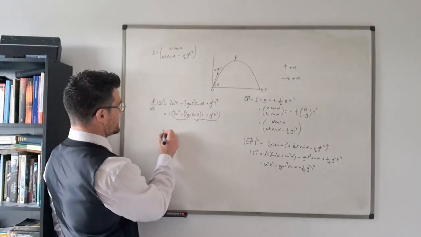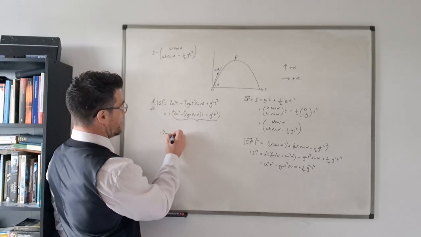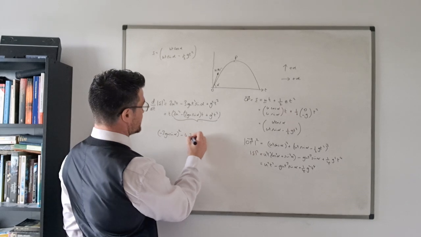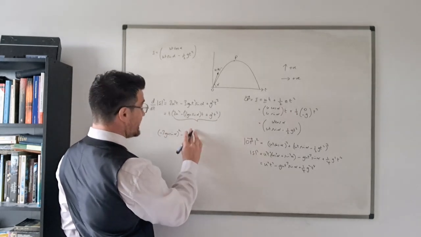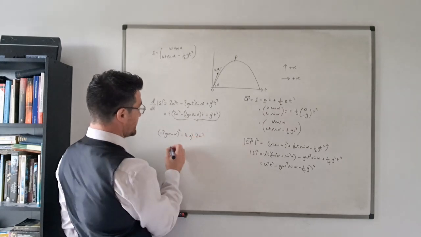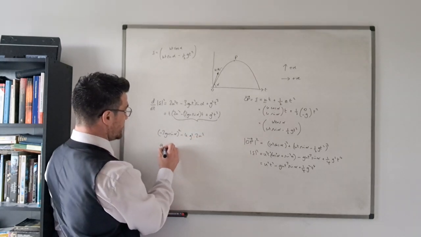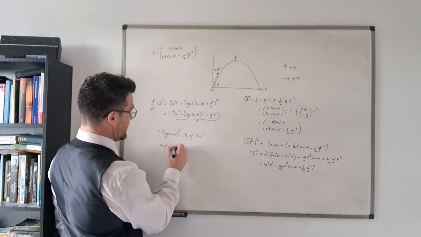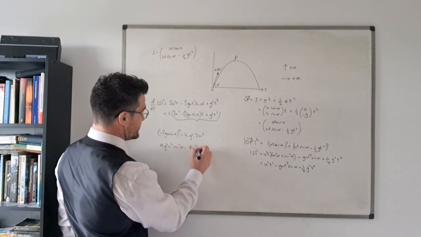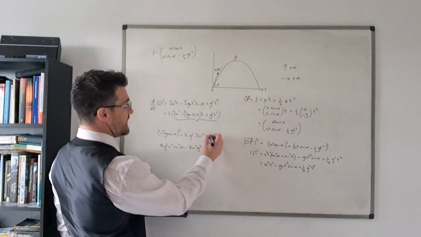It's going to be minus 3gu sine alpha squared minus 4 times 2, for a is g squared times 2u squared, which is 9g squared u squared sine squared alpha minus 8u squared g squared. And we need this to be what?